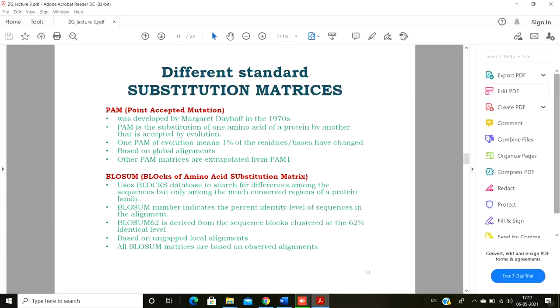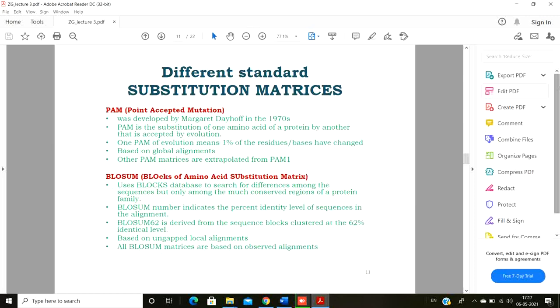But suppose lysine is changed to cysteine. That is going to give you a much higher negative score, a higher penalty, because those two are not similar kinds of amino acids.